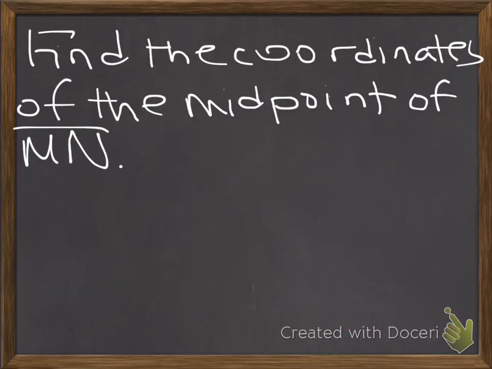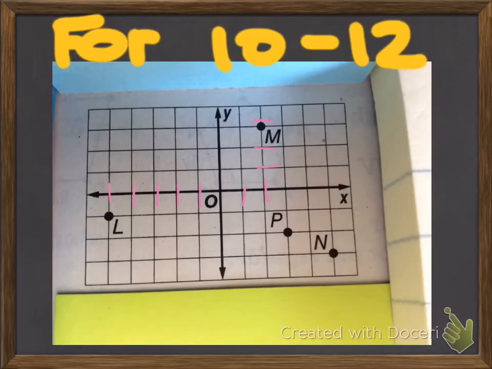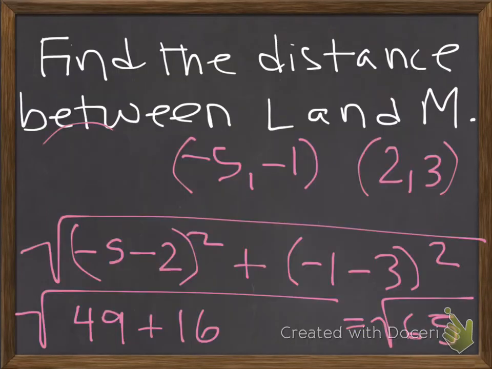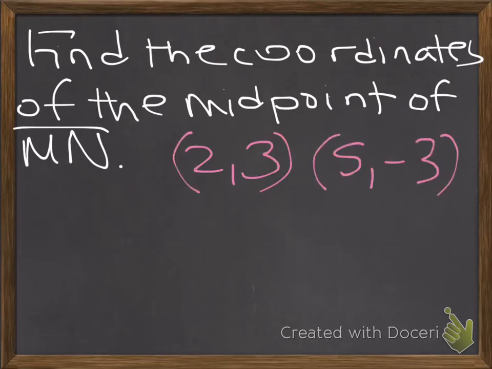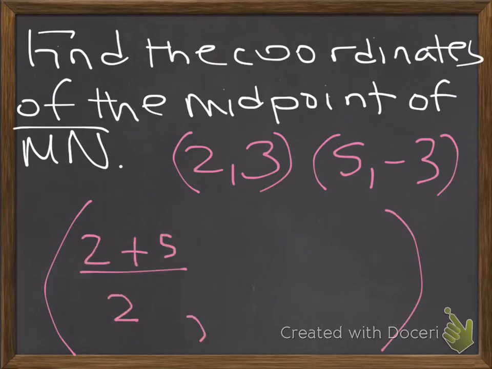The next one, we're finding the coordinates of the midpoint, so back to our M and N. M was 2, 3, and N now is 1, 2, 3, 4, 5, -3. So 2, 3, and 5, -3. The midpoint formula is the x's added up, divided by 2, comma, the y's added up, divided by 2.